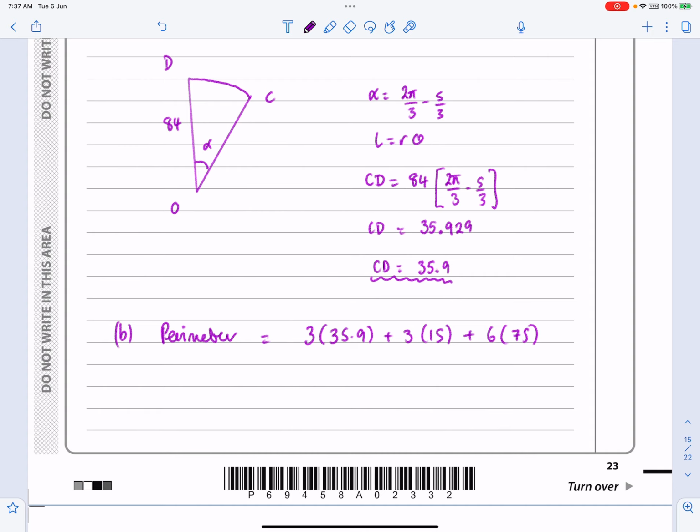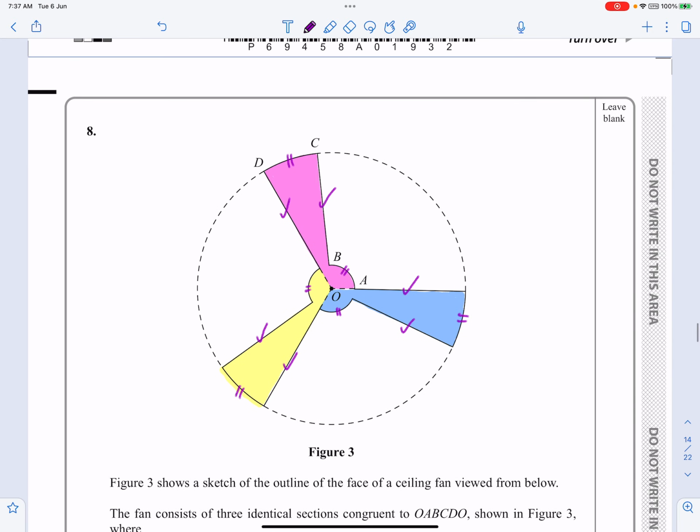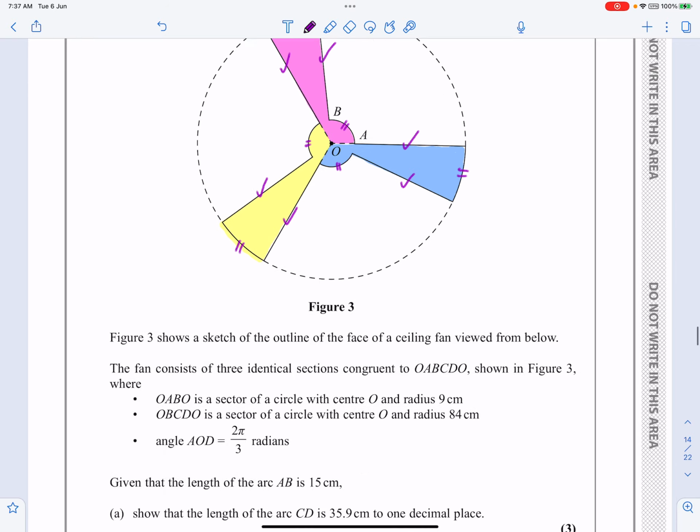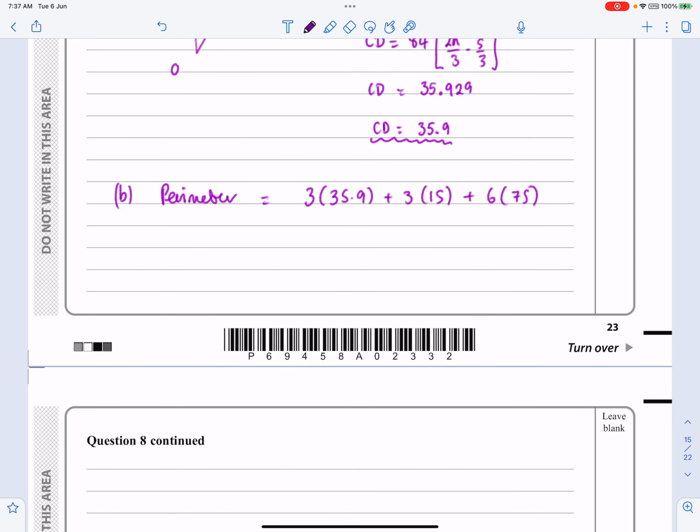What you could have done was to say, arc length CD times 3, arc length AB times 3, and length CB times 6 if you wanted to. I'm not going to. I've already done it, as you can see from all my colourful diagrams. If you do all that and add it all together, that comes to 603 centimetres.